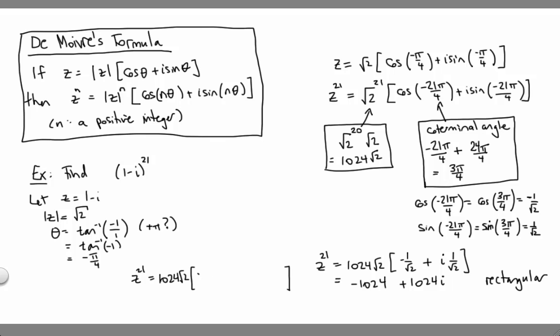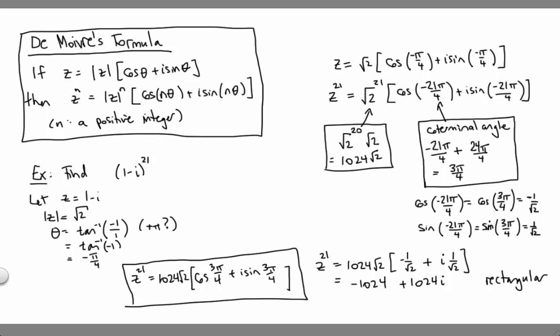So it would be best to write cos of 3 pi over 4 plus i sine 3 pi over 4. So that would be if we wanted to give our answer in polar. That's just sort of an aside because I think rectangular here is really the best answer. So that's the end of that example.